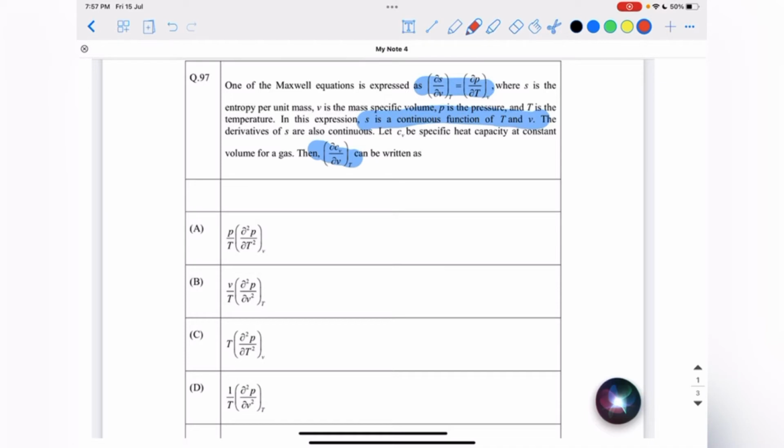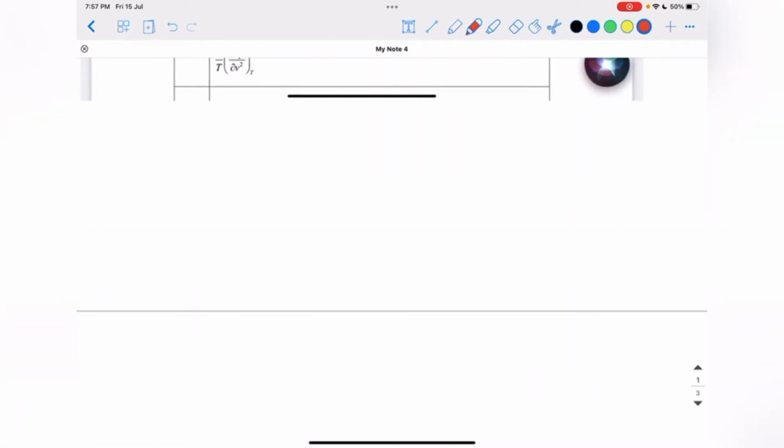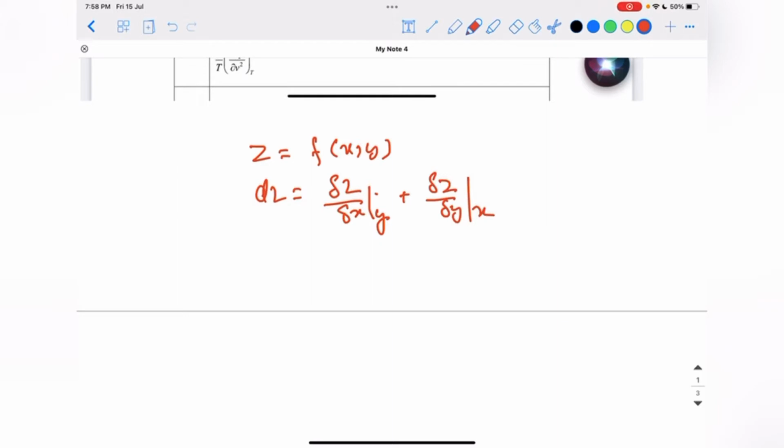To solve this question, first we have to understand the mathematics behind it. If we have a function z which is a function of x and y, then if we differentiate it, we can write dz as ∂z/∂x keeping y constant into dx plus ∂z/∂y keeping x constant into dy.